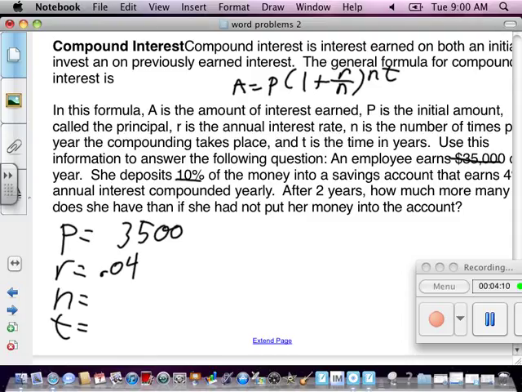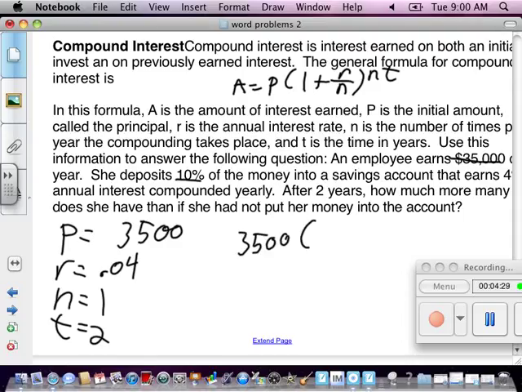How often is the account compounded? Once a year. How many years are we looking at? 2. So we should be able to put this all into that equation.